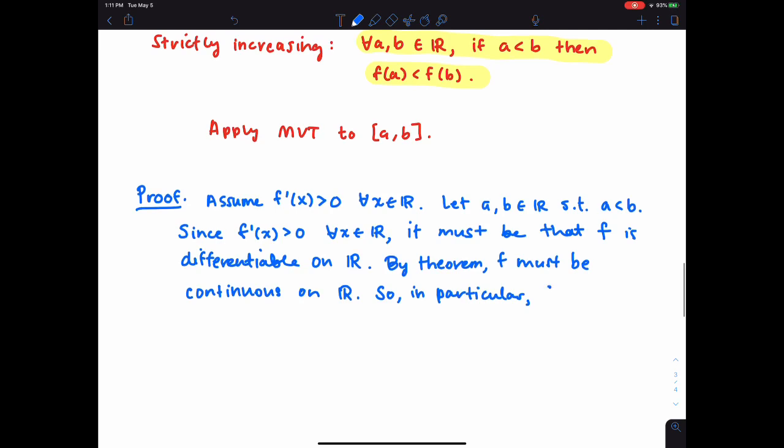So in particular, f is continuous on the closed interval AB, and f is differentiable on the open interval AB.